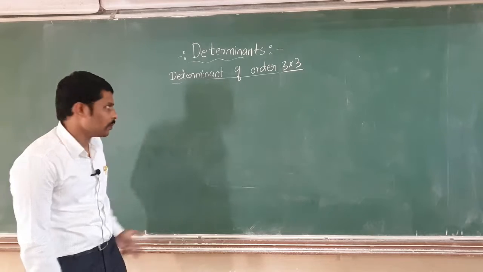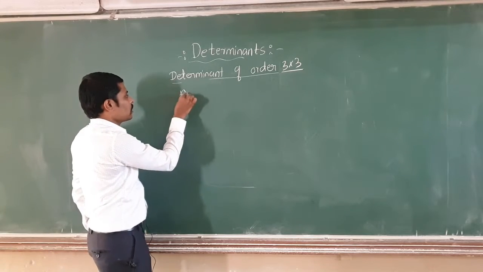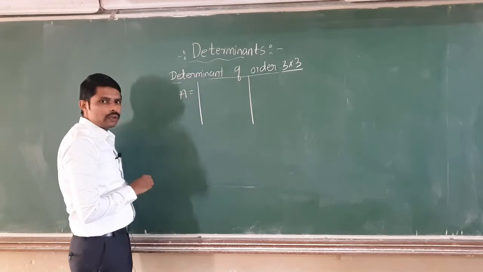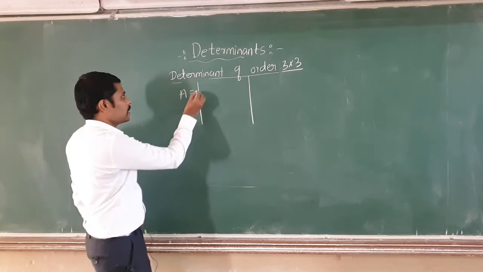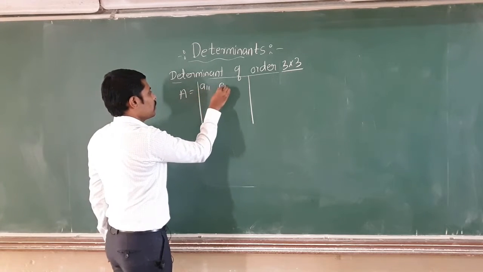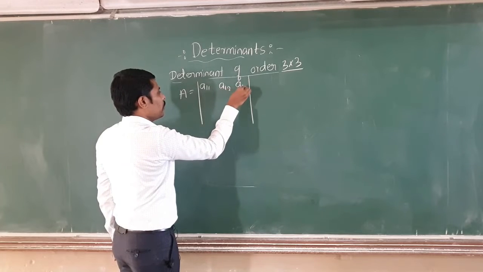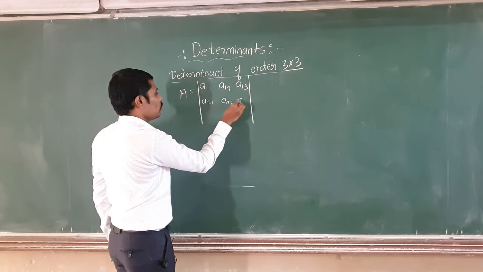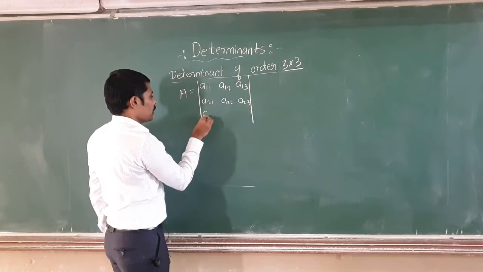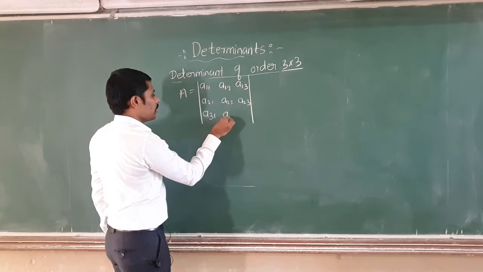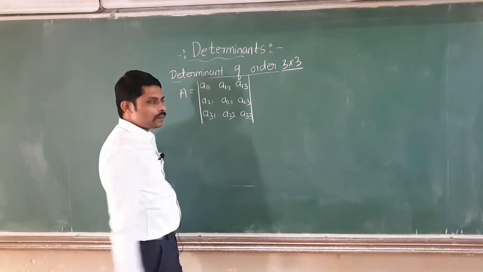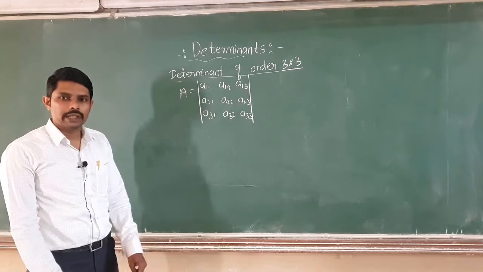Okay. See here everyone, suppose A is equals to, I will consider general determinant of order 3 cross 3, that is A11, A12, A13, A21, A22, A23, A31, A32, A33.